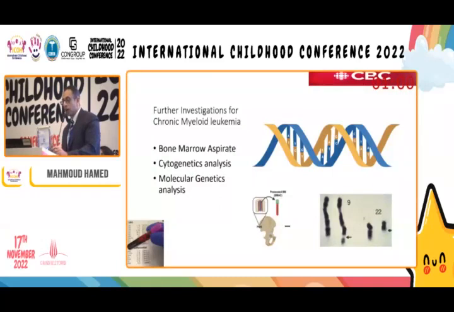So I will proceed to bone marrow aspiration for cytogenetic analysis. For chronic myeloid leukemias, the cytogenetic analysis is crucial. I cannot start treatment for such a patient without knowing the type of translocation the patient has. So it needs a specialized hospital to detect a translocation in chromosome 9;22. I can get a result within about 72 hours in a specialized hospital.